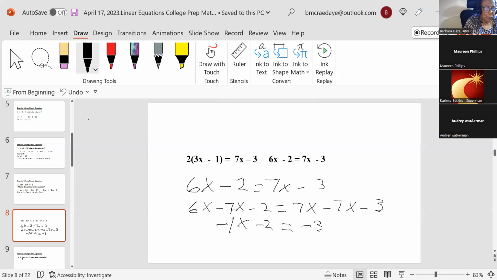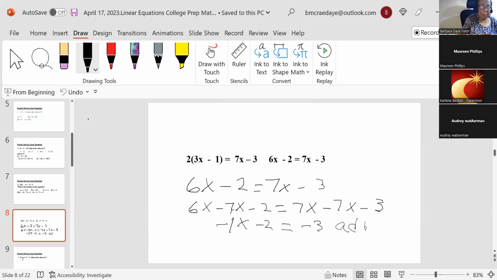Those are constants. No, you only deal with one at a time. You add the 2 to both sides. Yes, because if you add the 2, a -2 and a +2 would give you 0.